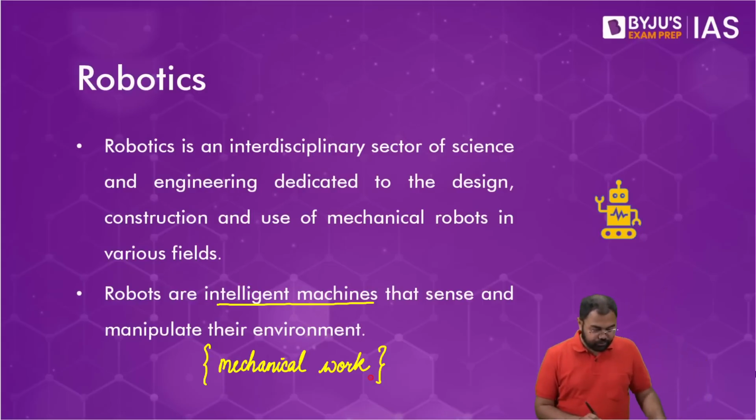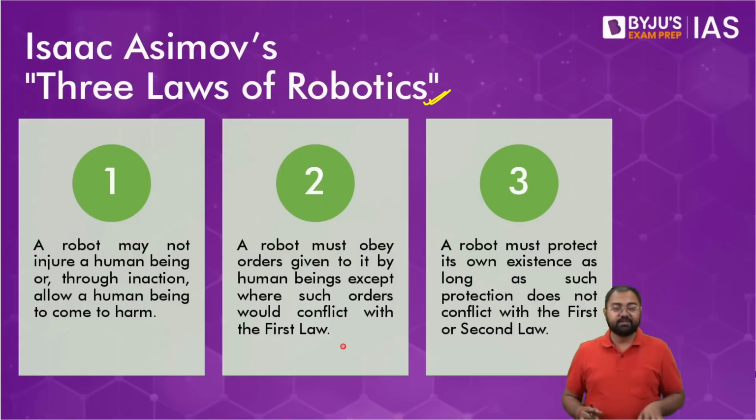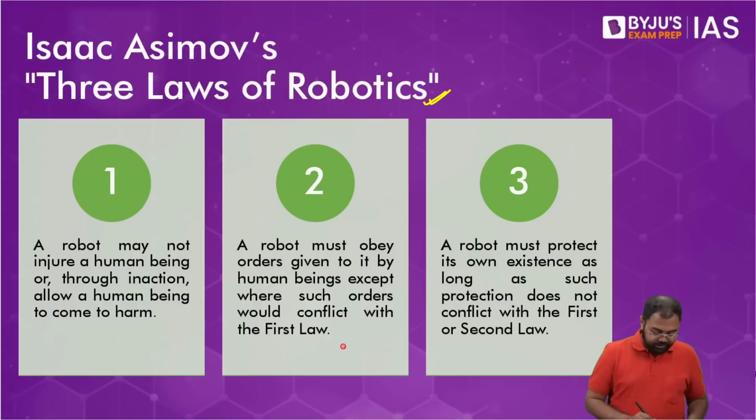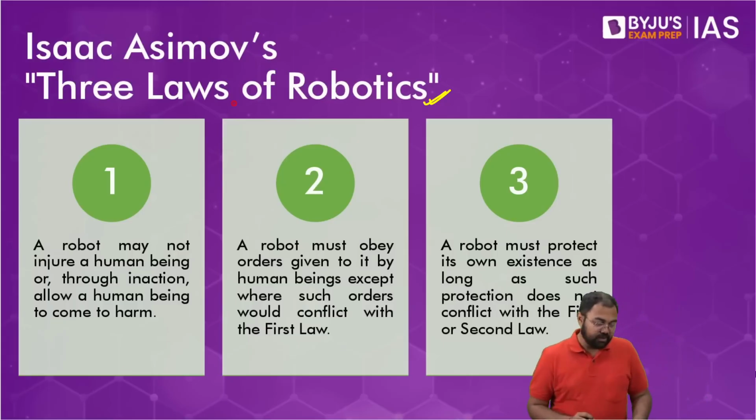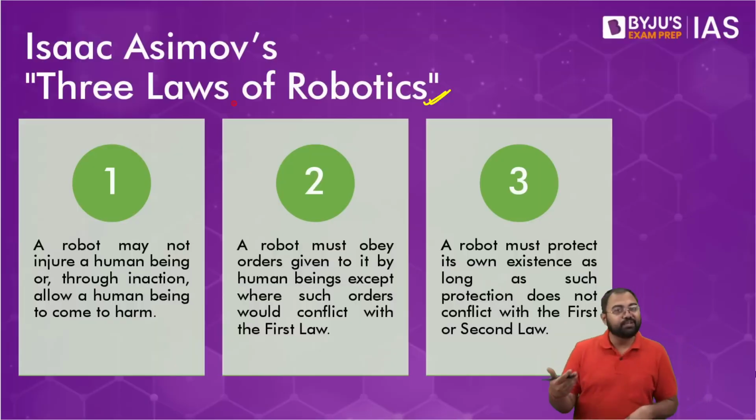Now, when it comes to robotics as a field, first and foremost, there are three laws of robotics. These three laws of robotics were given by Isaac Asimov. Isaac Asimov was not really an engineer related to the field of robotics.